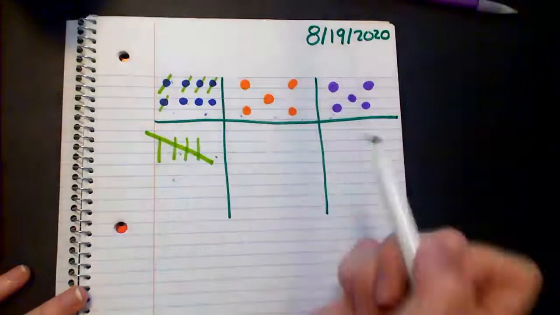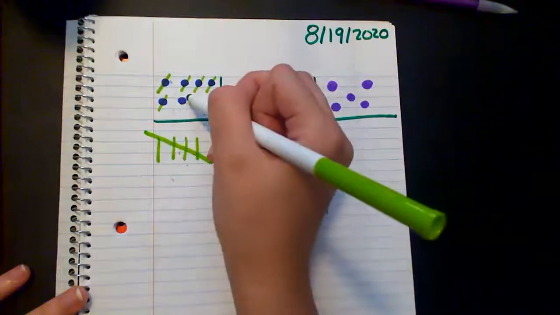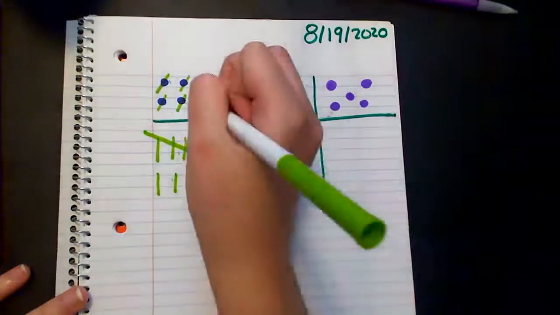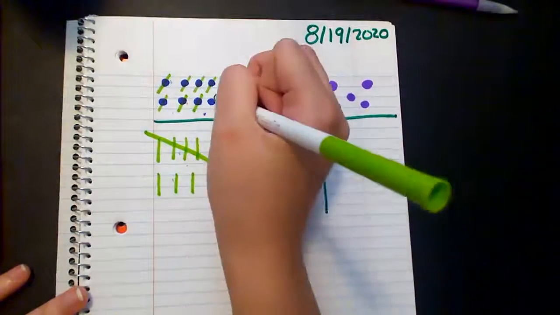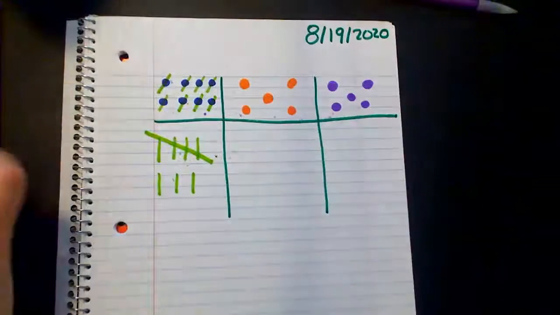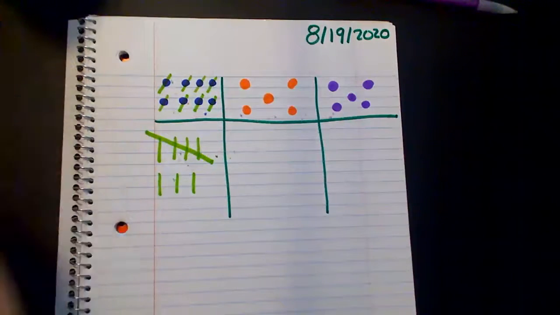Okay, so let's keep going. So there's our 5th line, and then let's go to our next one. 6, 7, 8. Okay, now let's go to our orange Skittles and let's count those.